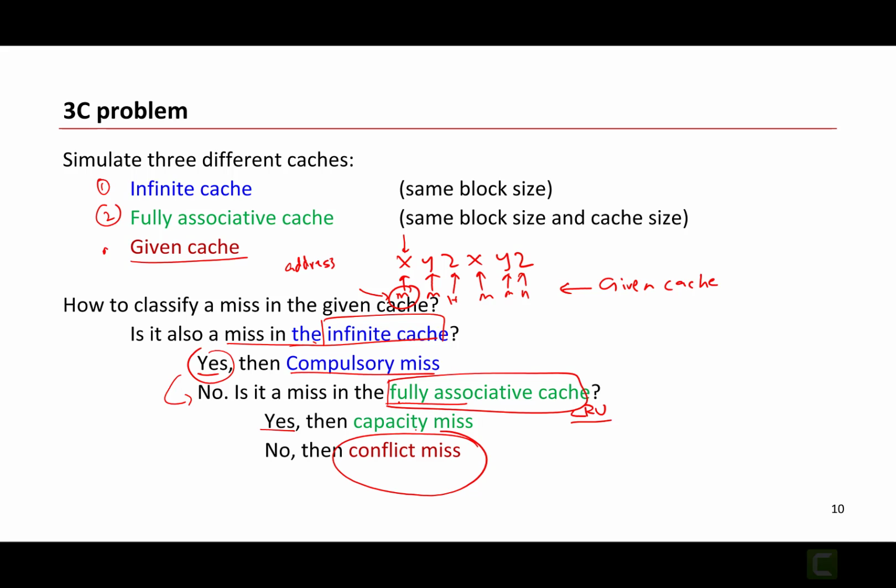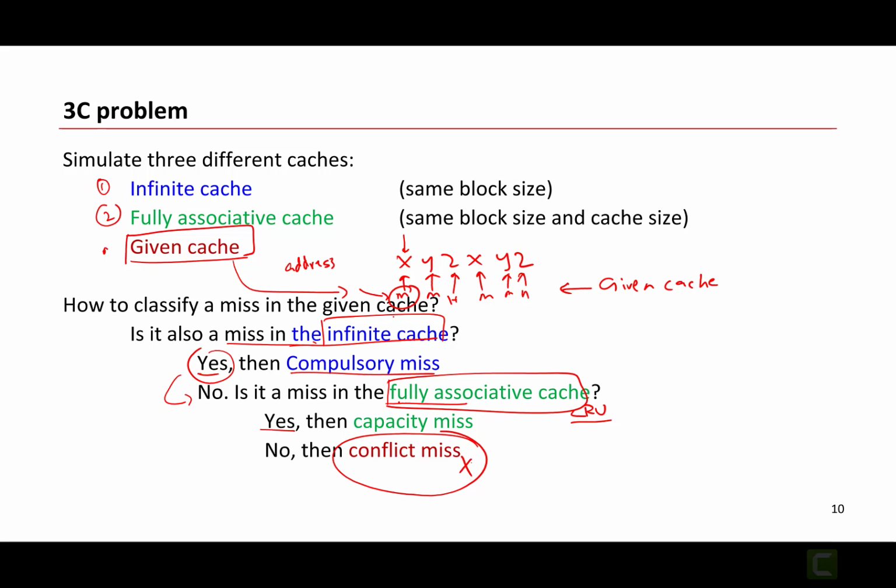The reason you ended up with a miss is because you reduced the associativity to something smaller, maybe a two-way, four-way, or eight-way set associative cache. And so if you were to increase the set associativity, then maybe you may be able to get rid of this miss.